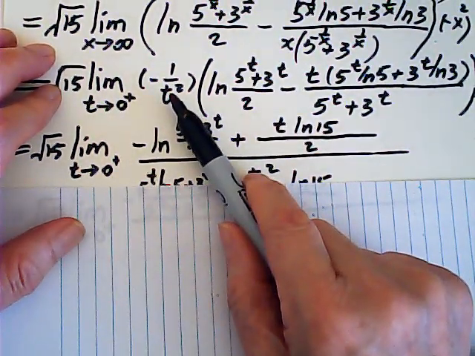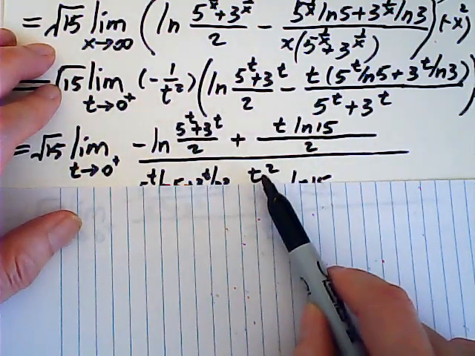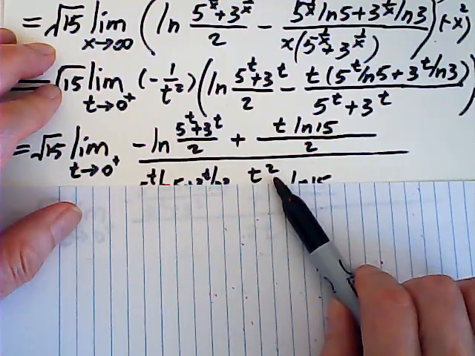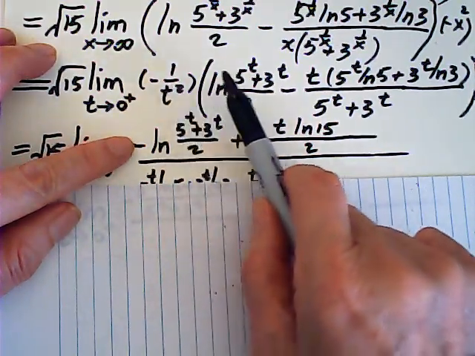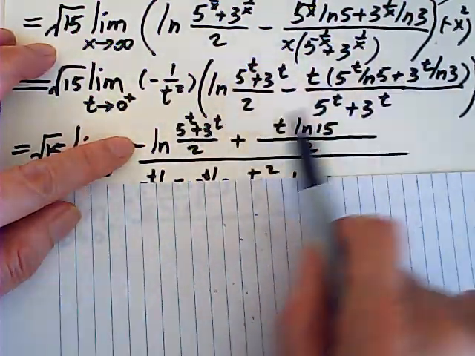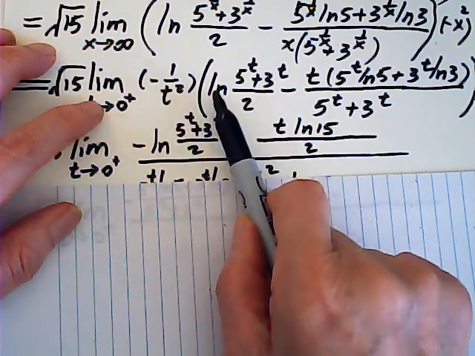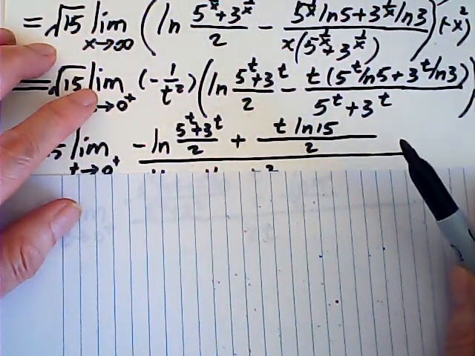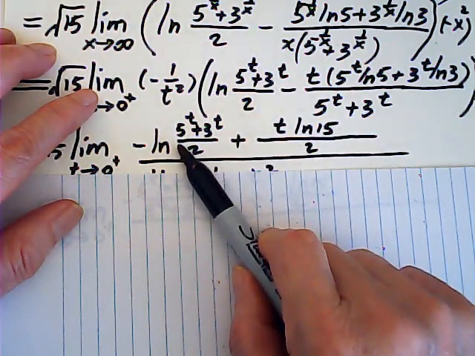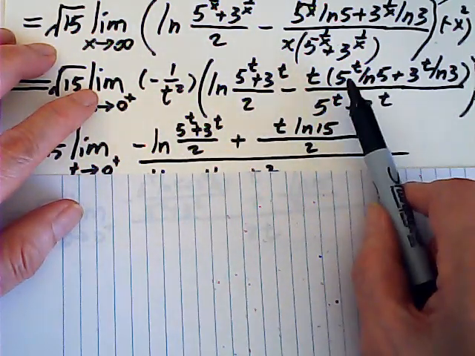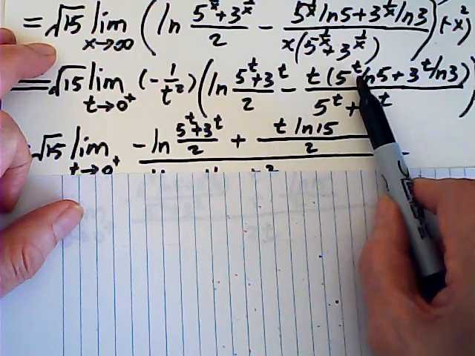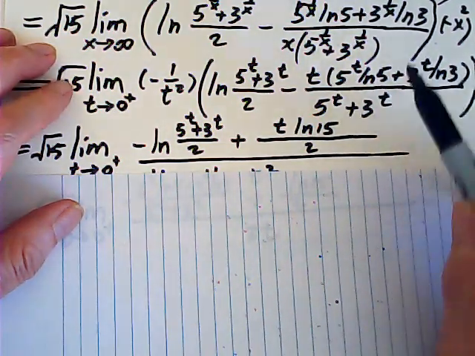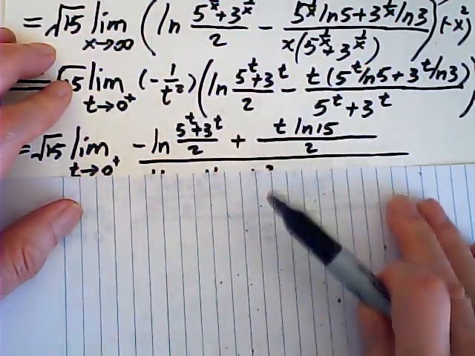I put this one in the denominator. This is t squared, and these two become the numerator, right? Negative goes in, there's a negative and a positive. Because when you take t equal to 0, this is a 1 and this is a 1, so it becomes log 15, with t squared in the bottom.